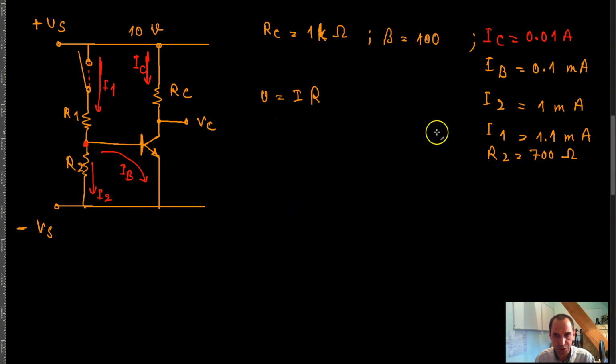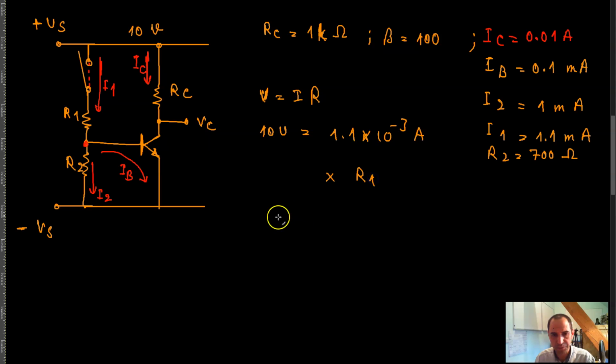Next, we can calculate the value of R1, which means that we can apply Ohm's law to this resistor R1. Applying Ohm's law to R1, the voltage across the resistor I can take as the supply voltage, 10 volts, and the current going through it, I1, is 1.1 milliamp, 1.1 into 10 raised to the power negative 3 amp, times R1.